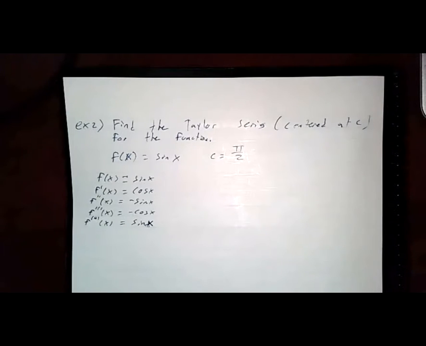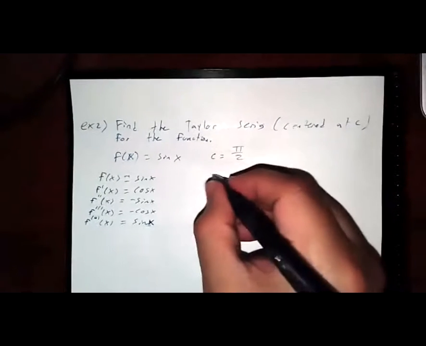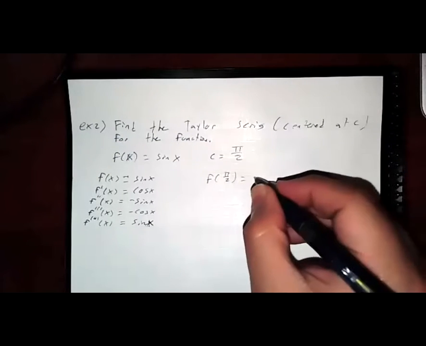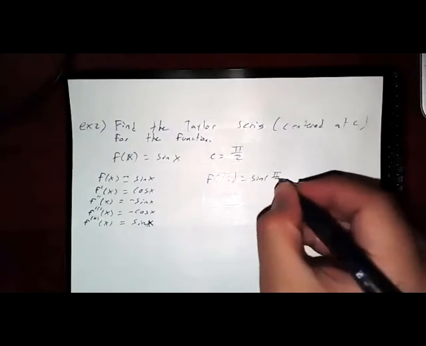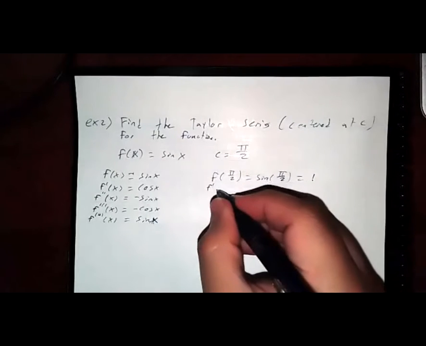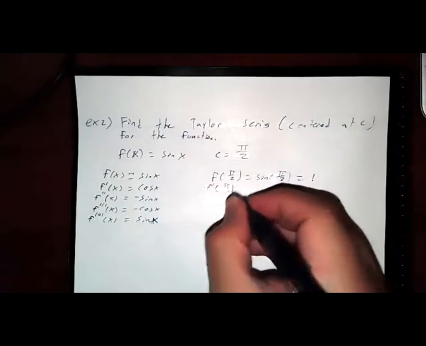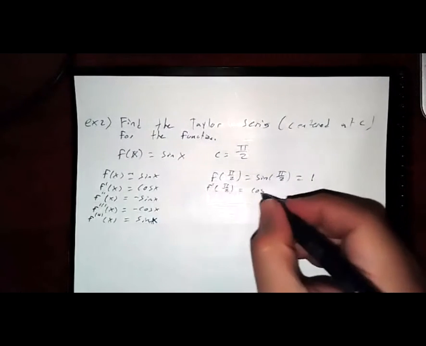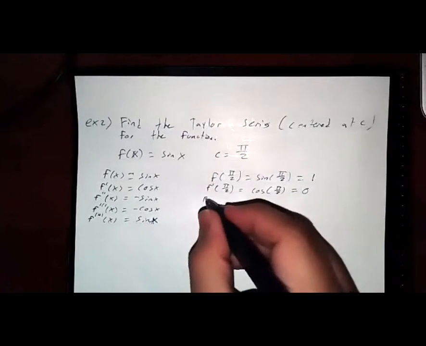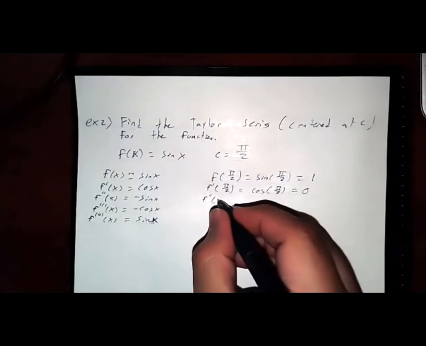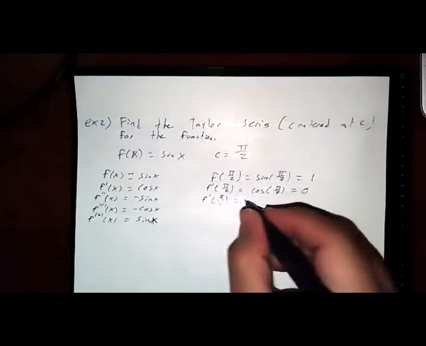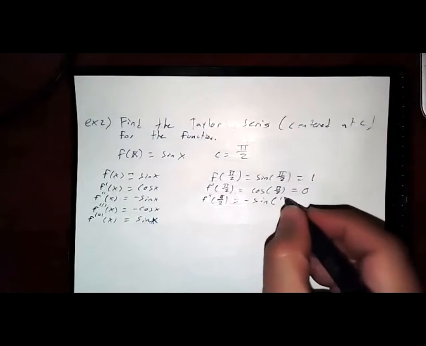So now plug in the pi over 2 into the zero derivative. That gives me sine of pi over 2, which is 1. First derivative of pi over 2 would be cosine of pi over 2, which equals 0. Negative sine of pi over 2 gives me a negative 1.